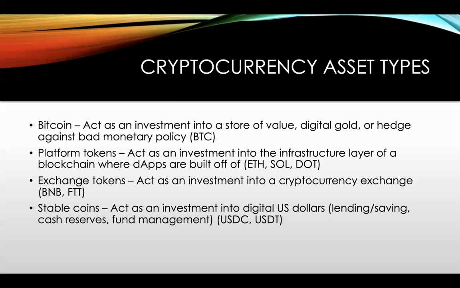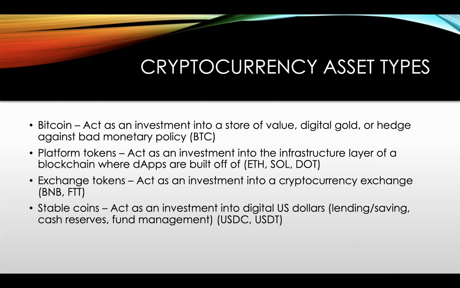So you have to buy Ethereum to use these applications. So basically the bet you're making with platform tokens is that more people are going to build applications on these platforms, and more people are going to use the applications. And so there's other competitors to Ethereum as well, like Solana, or the ticker is SOL, and then Polkadot, with the ticker DOT.